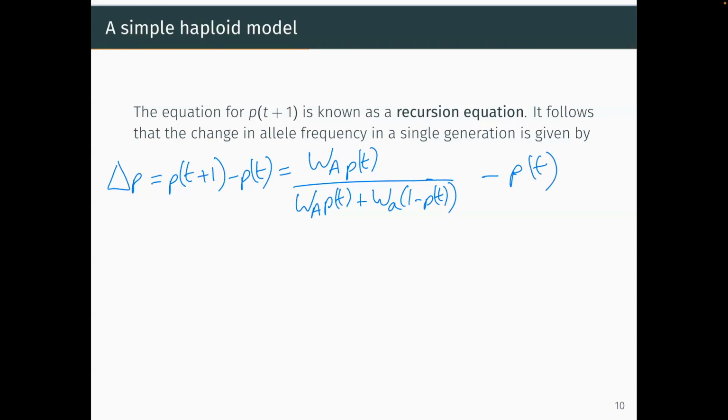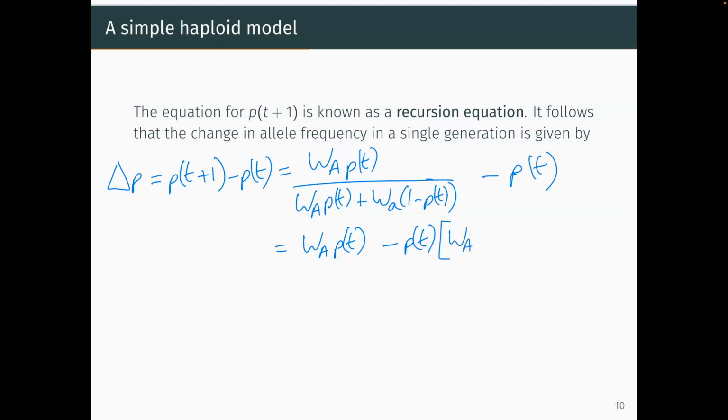This is just simple algebra, so we just need to now combine these fractions, turn P of T into a fraction. So what does this look like? Well, let's write it out explicitly just so everyone's on the same page. We have our W sub capital A times P of T minus P of T times everything that was on the denominator.